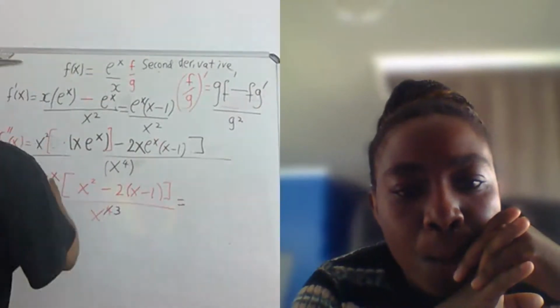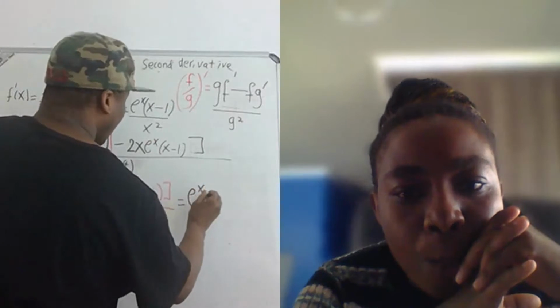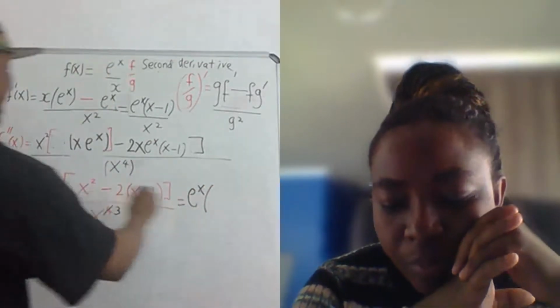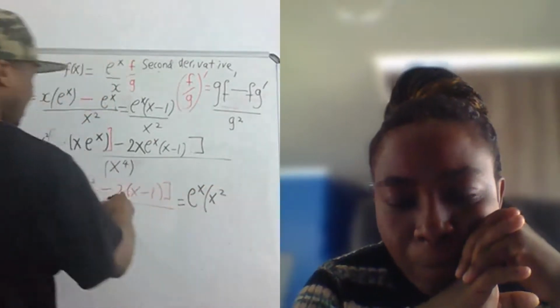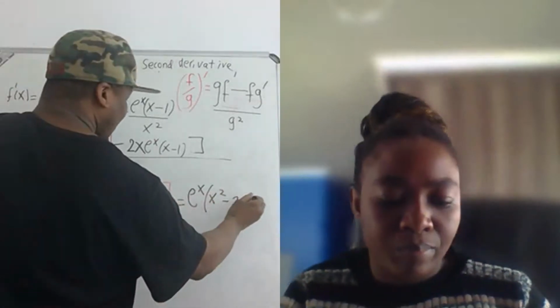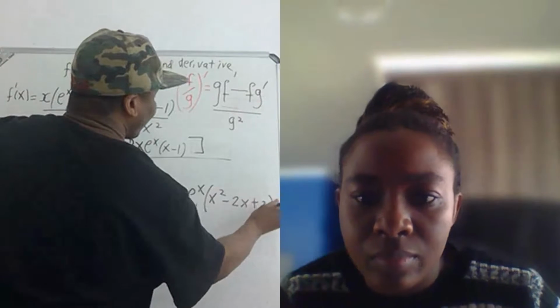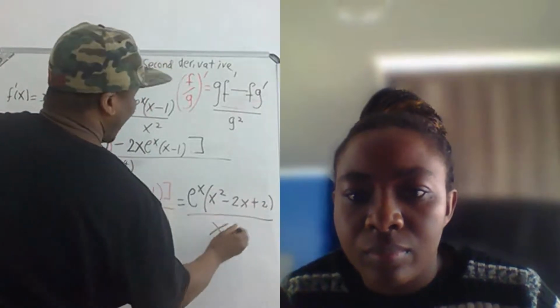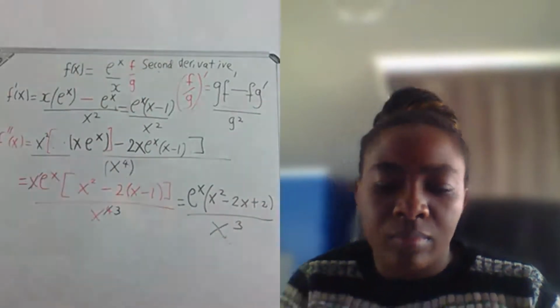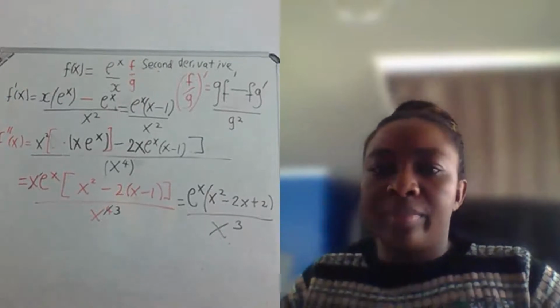Then e^x, x squared, 2 times x, negative 2 times negative 1, positive 2, over x cubed.